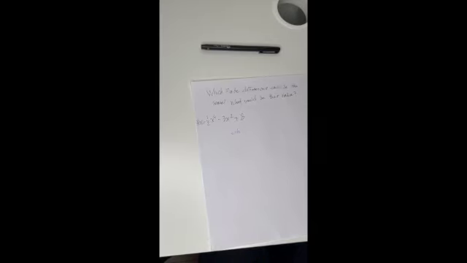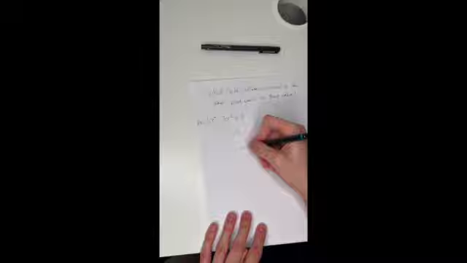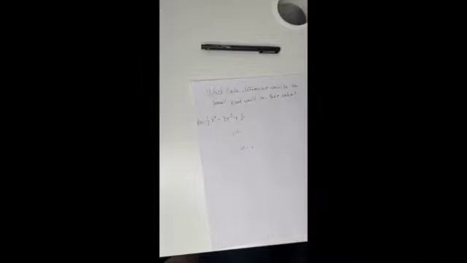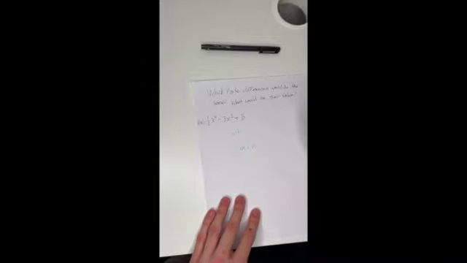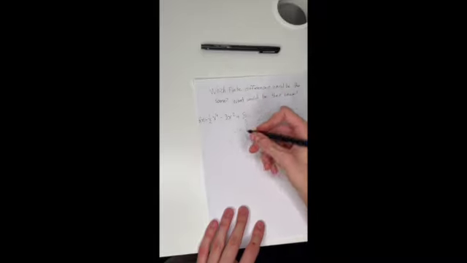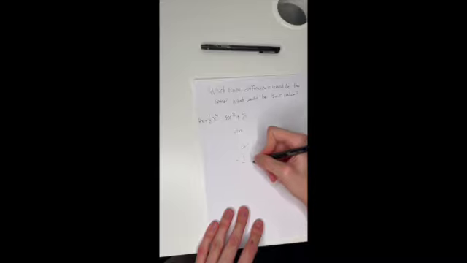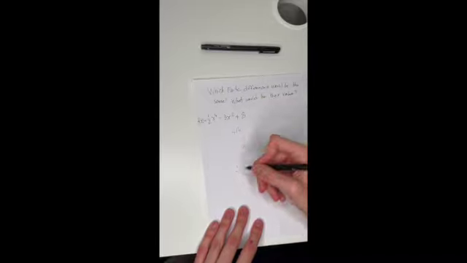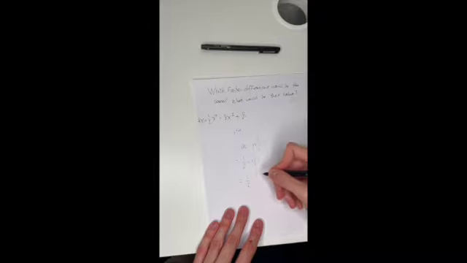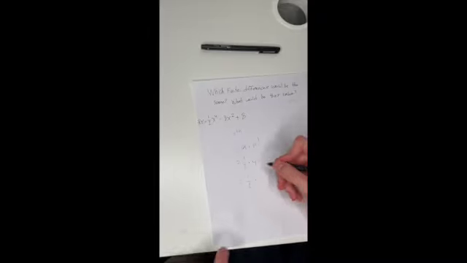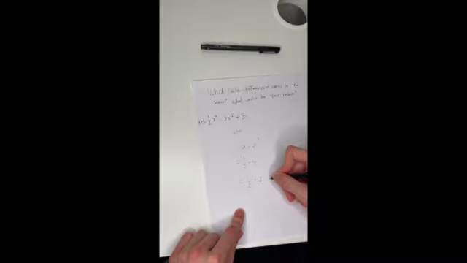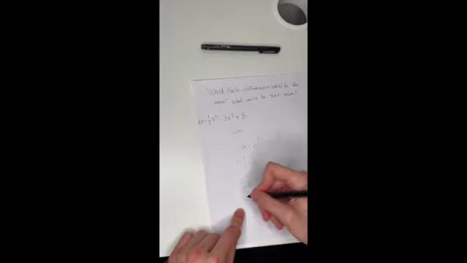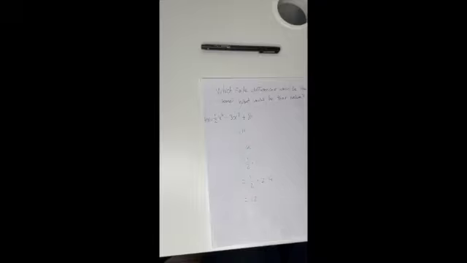Well, to find the value of that, it's going to be our a times n factorial. So our a is 1/2. So it's going to be 1/2 times 4 factorial, which is 24. 1/2 times 24 equals 12.